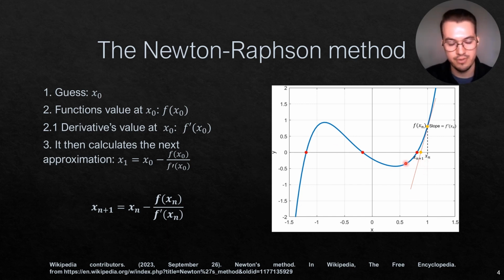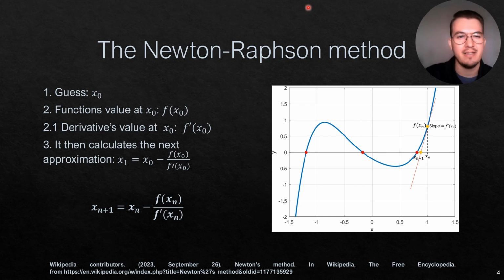approximation x sub 1, which is equal to x sub 0 minus the quotient of the evaluated function and its derivative also evaluated at that point, that initial guess. Here I have a graphical figure of how to visualize how this method works.